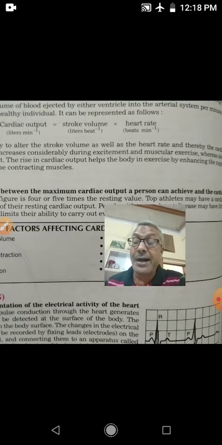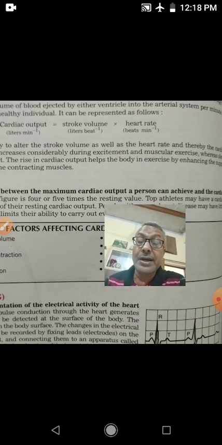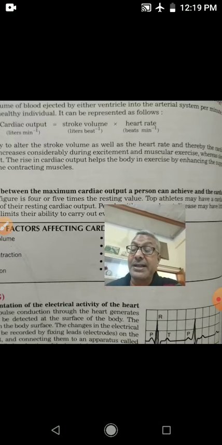So when cardiac output increases, there is more supply of blood to the tissues of the body. More supply of blood to the tissues means more supply of nutrients and oxygen to the contractile muscles of our body. So this is the cardiac output.